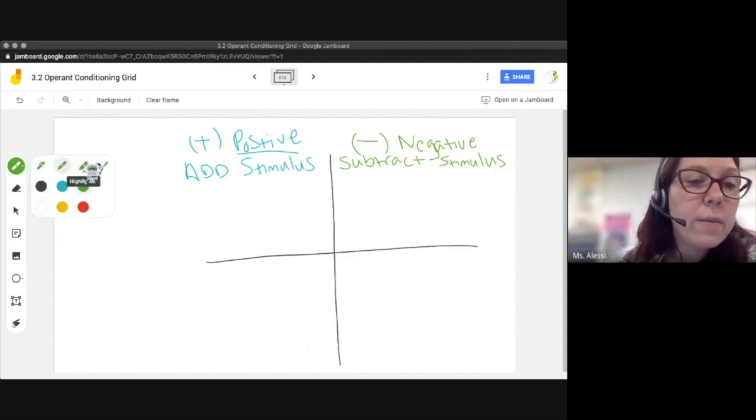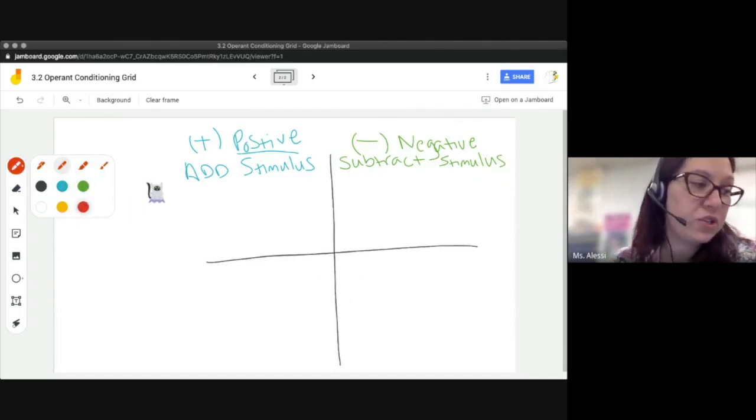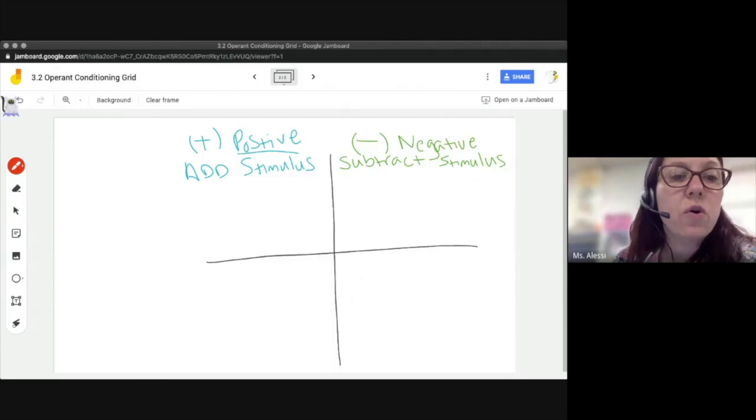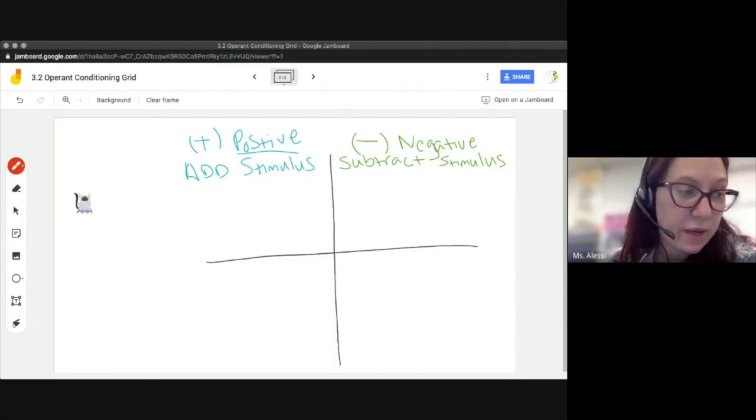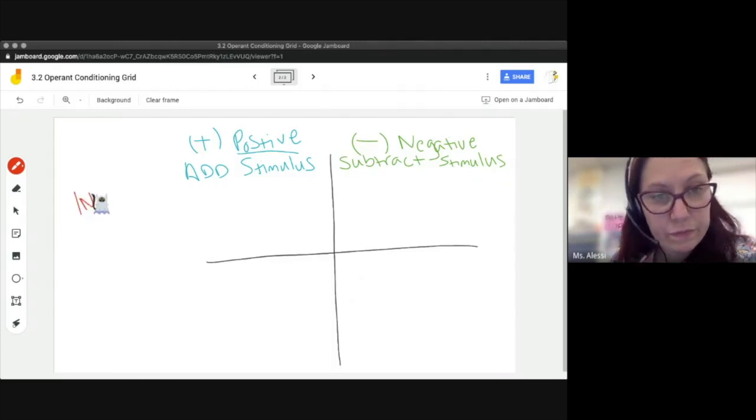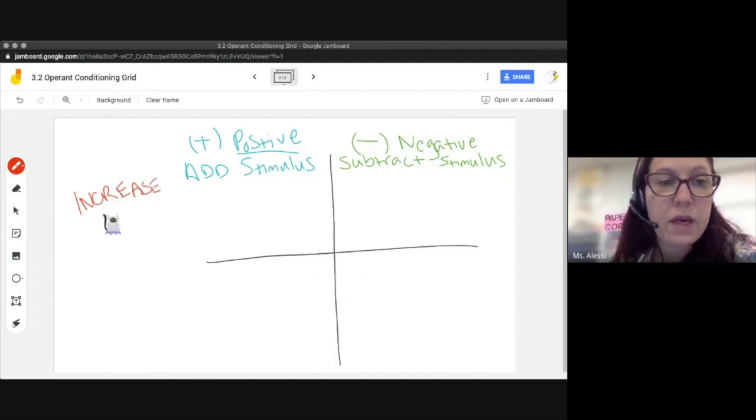And what am I subtracting or adding for? Well, I want something to do with behavior, right? So if I want to increase behavior, if I want to increase something, I want to bring more forces.